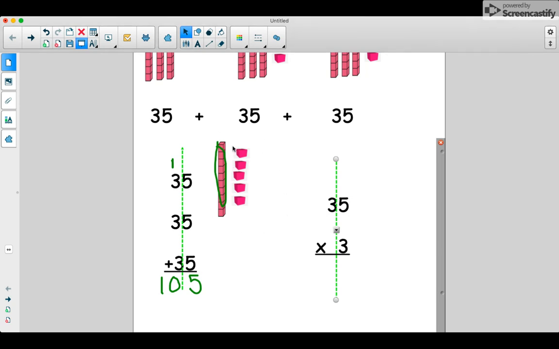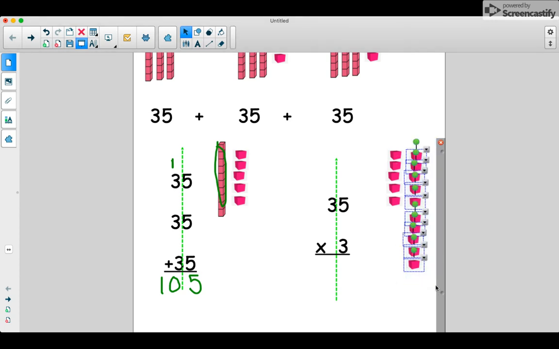And just like before, we saw that those 1s equaled more than I could put in my 1s place value because I had 15. So just like last time, I would take away 10 of them and trade them in for a 10s.